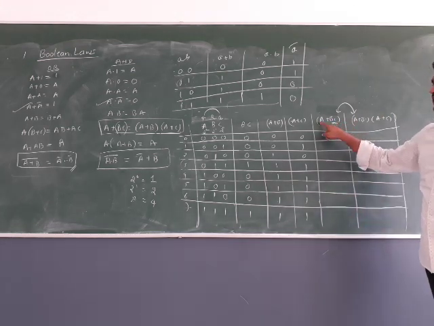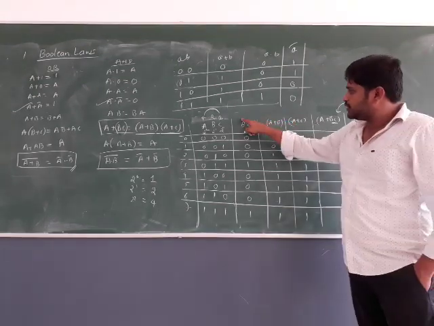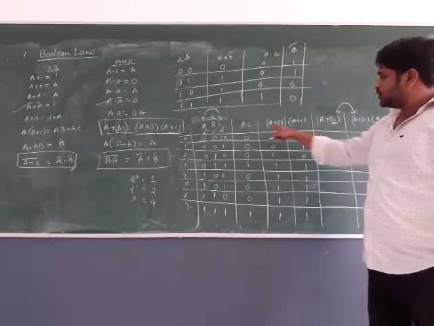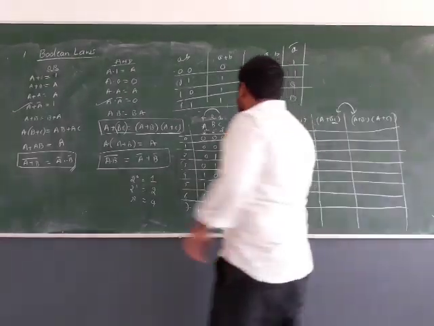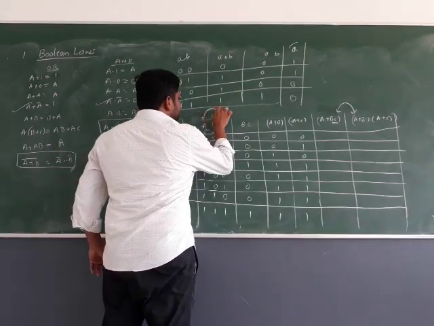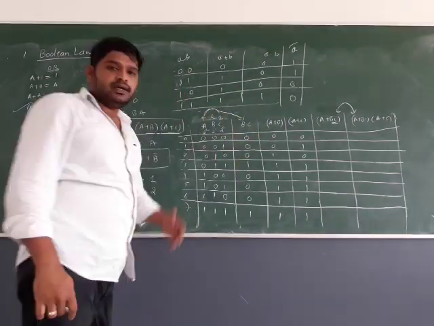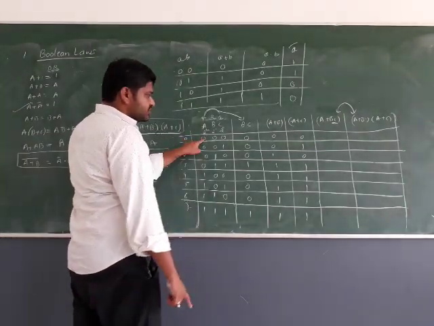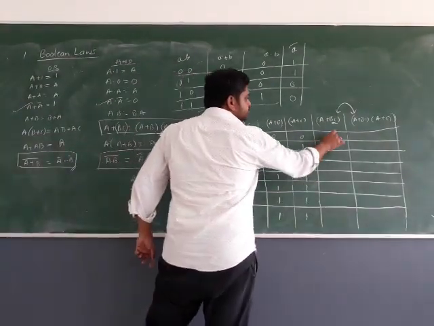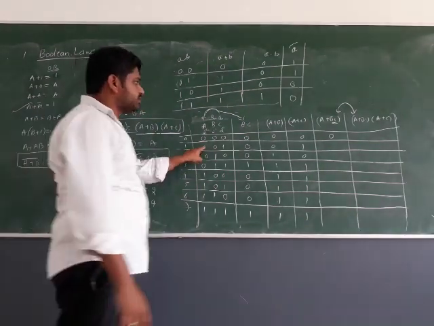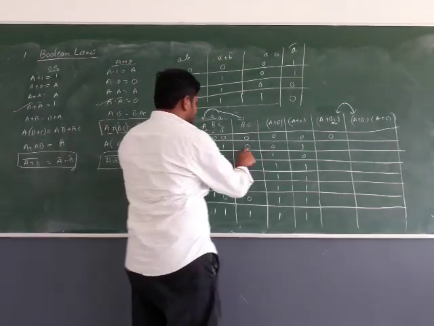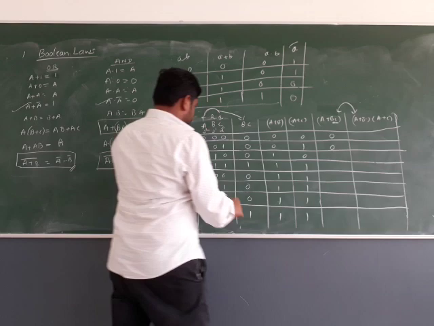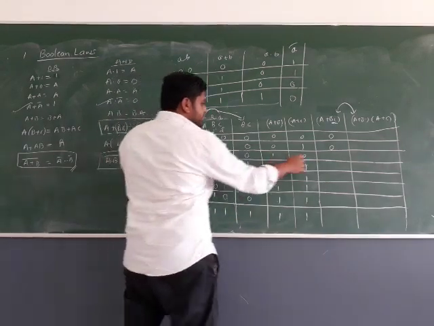BC plus A. We have to add now A column with BC column. So what is A first? 0, BC 0. Next A 0, BC is also 0. Plus, it is 0 plus 0.